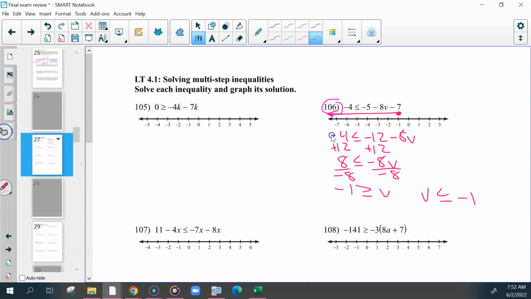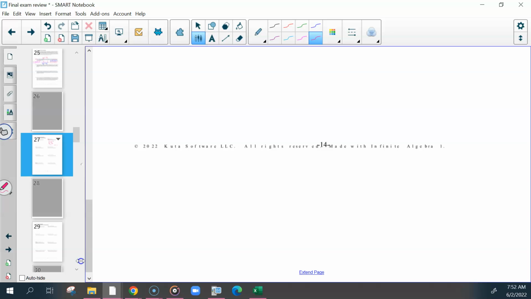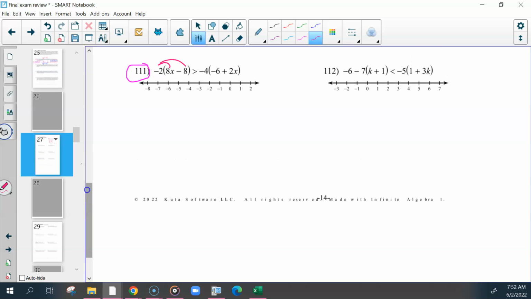The next one we're going to do on this page is number 111 at the bottom. Same thing, except now we have to distribute. So this would give us negative 16x plus 16 is greater than positive 24 minus 8x.